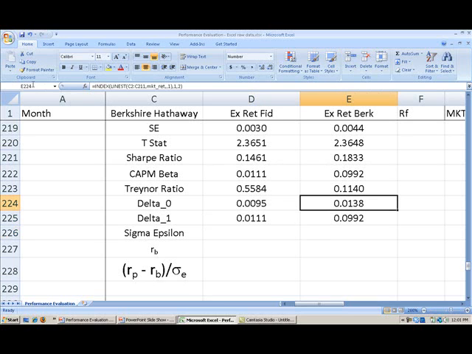Now let's look at Berkshire Hathaway and do the same. So I have D0 underscore Berk and D1 underscore Berk. We will need to keep referring to these values when we're calculating our predicted returns for Berkshire and for Fidelity.